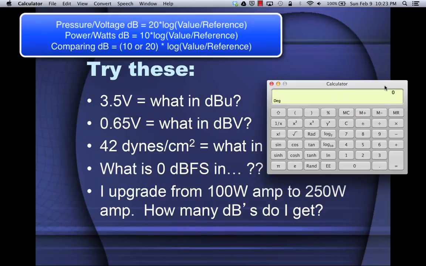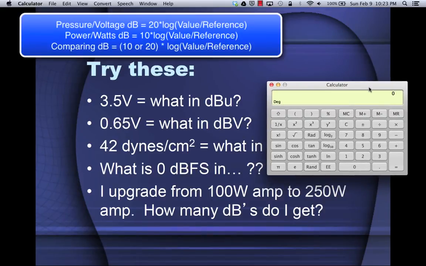So we'll clear that out. Let's try the next one. 0.65 volts. What's that in dBV? Well, our reference value for dBV is 1, so we basically take 0.65 divided by 1. So we take our logarithm of that, and then multiply that by 20.